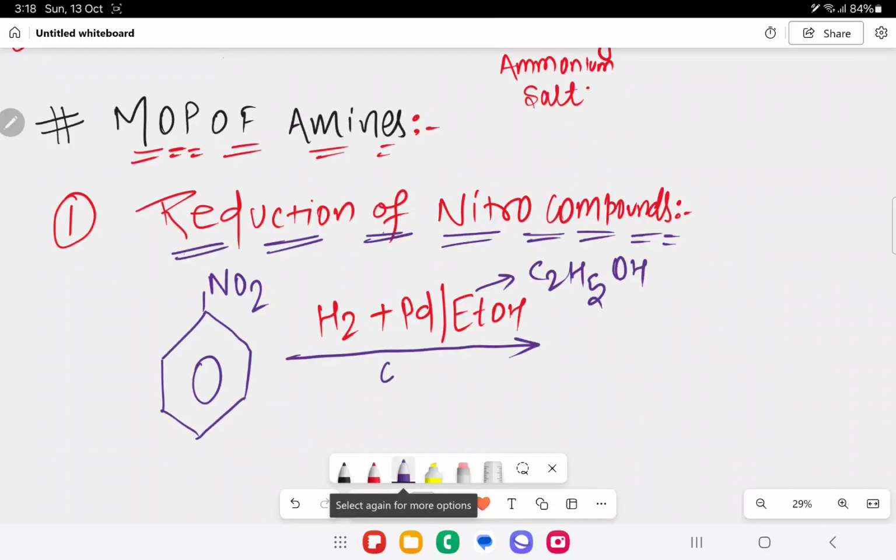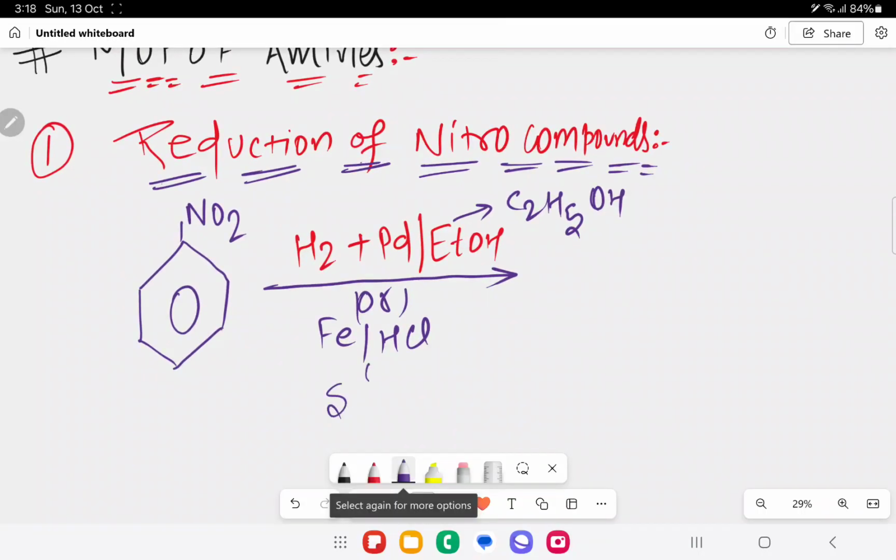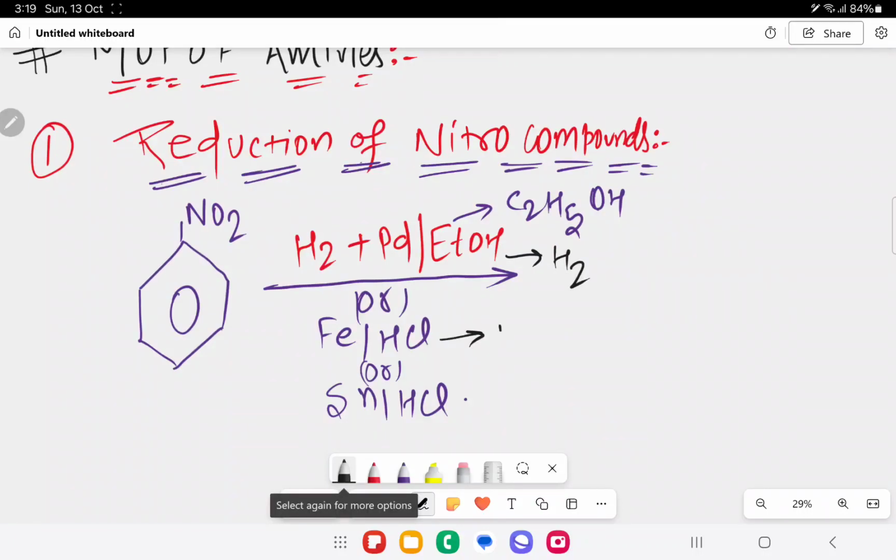Or you can take Fe in presence of HCl, or you can take Sn in presence of HCl. Each of these reagents will give H2, which means 2 hydrogen. The oxygen from here, O2, will be removed, and the whole nitro compound is converted into an aniline compound.